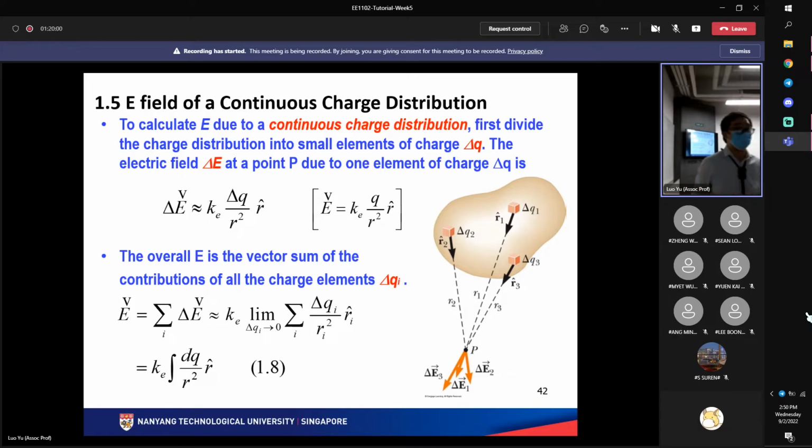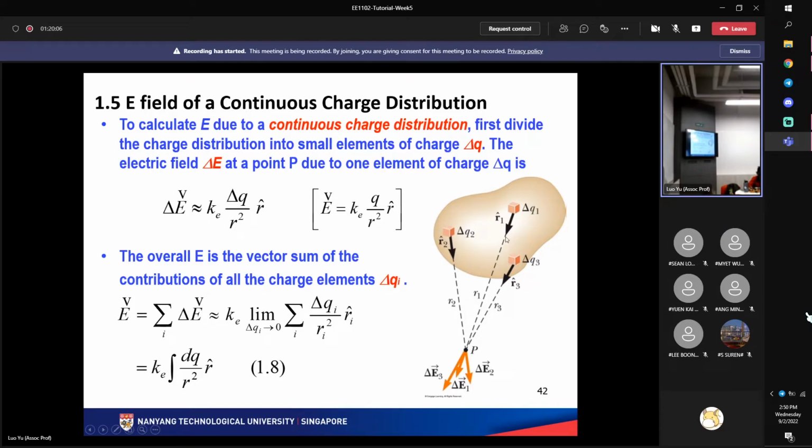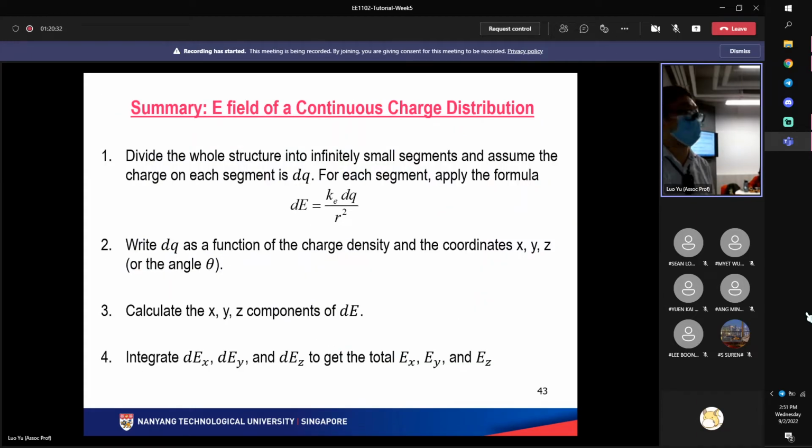If you want to apply Coulomb's law, you need to divide this object into very small parts. For each small part, you apply Coulomb's formula k e dq divided by r squared, and then integrate it over the whole surface or the whole volume to get the final answer. I think there are several examples in the lecture notes, in the last video. We also have one tutorial to illustrate this problem.